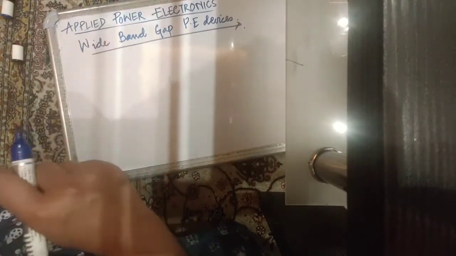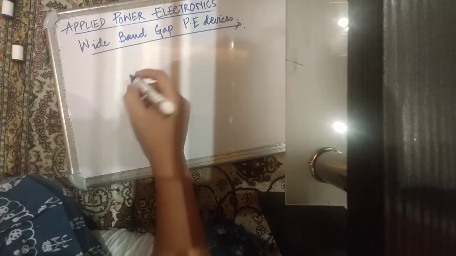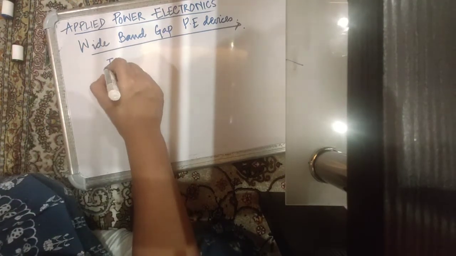So before we move to these devices and a brief introduction on them, I would like you to, I'm sure you already know it, but I would like you to revise this a bit.